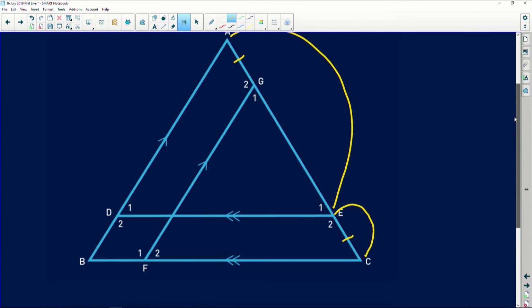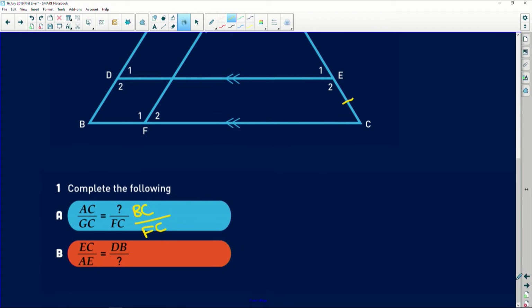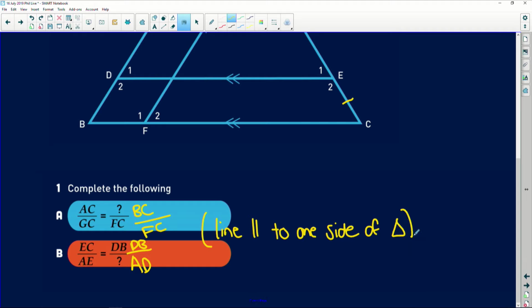So where's DB? DB is over here. So easy, the corresponding arc would be AD. So this gap over here is AD. It's DB over AD. Easy stuff. Remember the reason for these two statements? Line parallel to one side of the triangle.